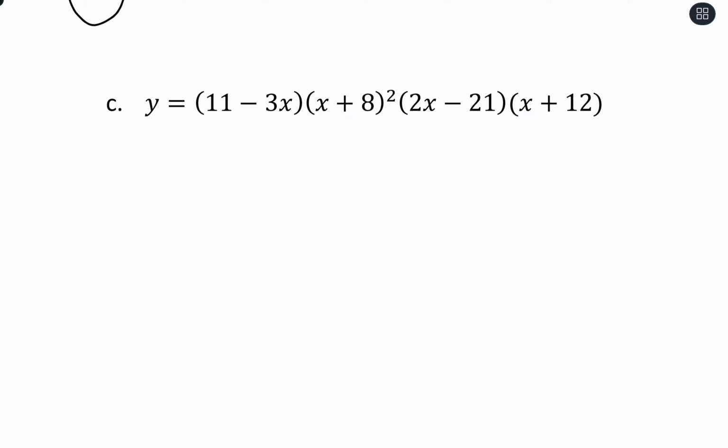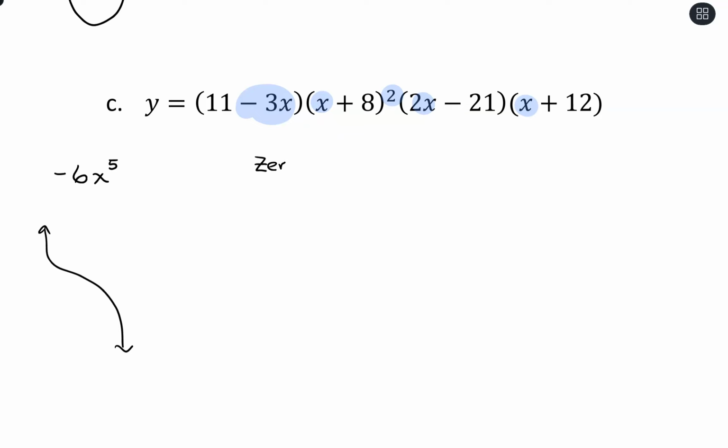Okay, last one. With this one, our leading terms have a -3x times an x squared, a 2x, and an x. So -3 times 2, so -6. And then 1, 2, 3, 4, 5 x's. So we're going to have something that does this.